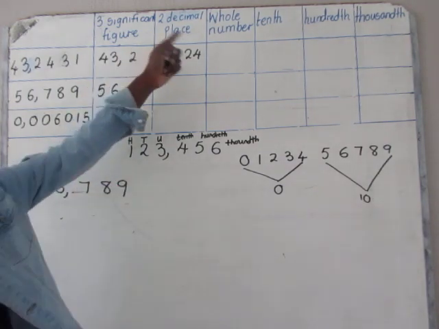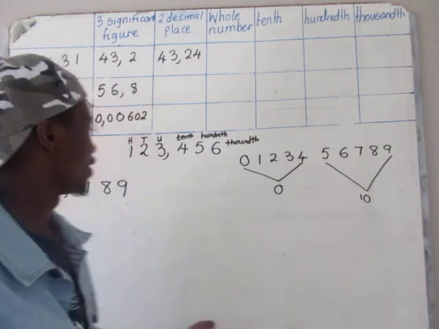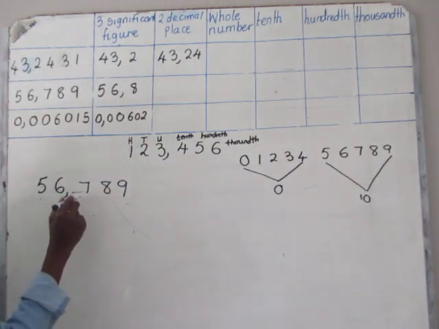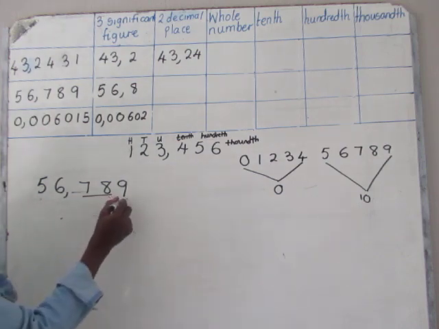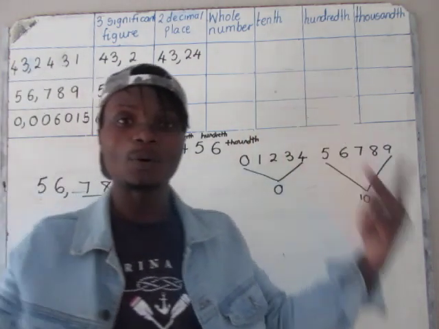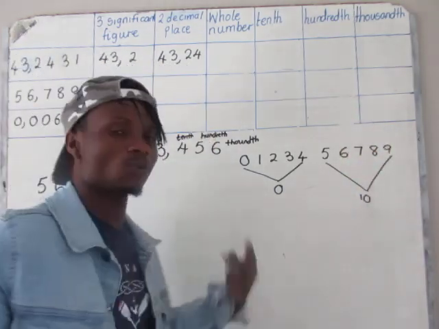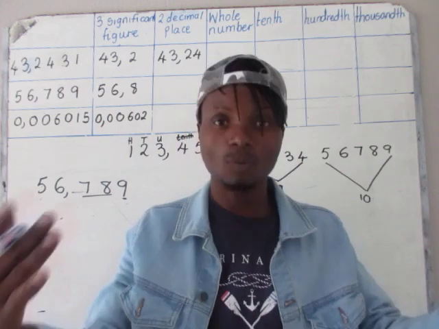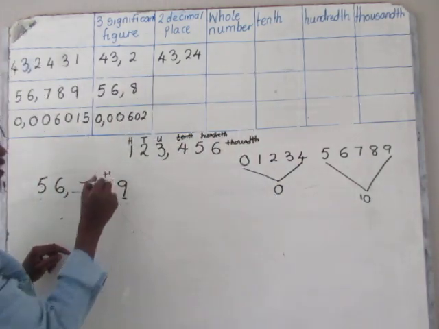Now rounding 56.789 to 2 decimal places means we really need to have 2 numbers after the comma. So the numbers that we need after the comma are 1, 2. So we ask about 9. Will 9 round up or down? Obviously, 9 is going to round up to 10. So we say plus 1. So I come to this number and say plus 1.